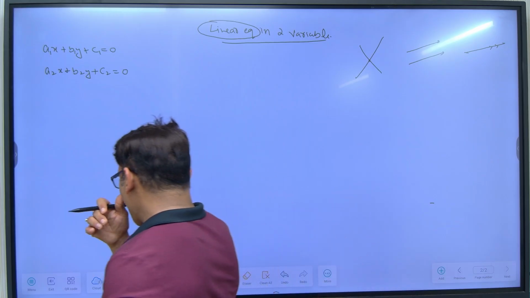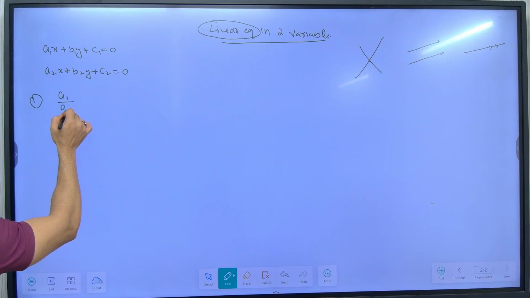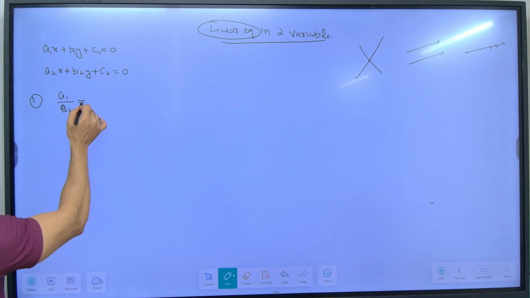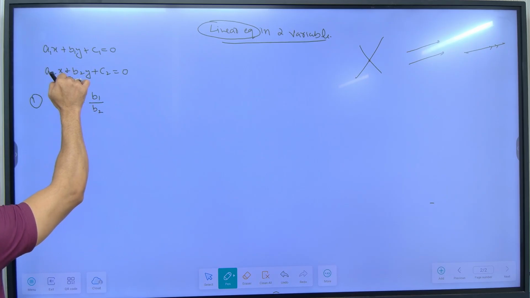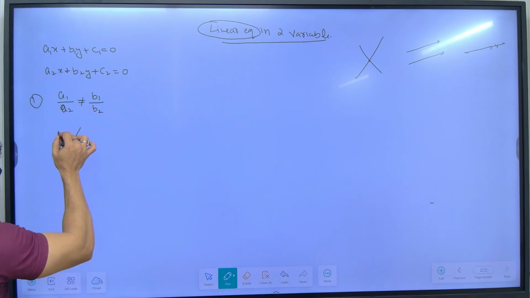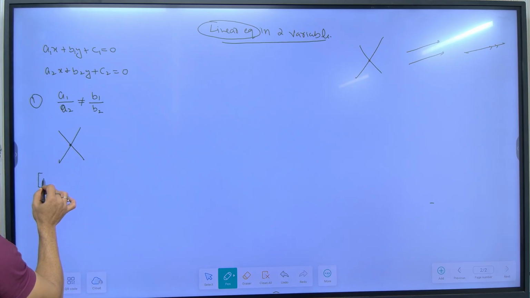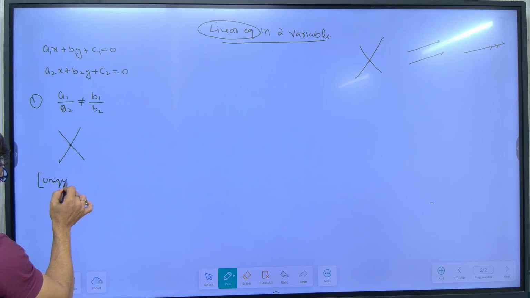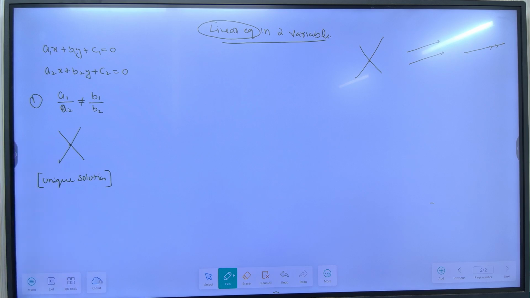For example, if the ratio of a1 by a2 is not equal to b1 by b2, then we say that the lines are intersecting lines. That means these two lines will have a unique solution, or only one solution, right?